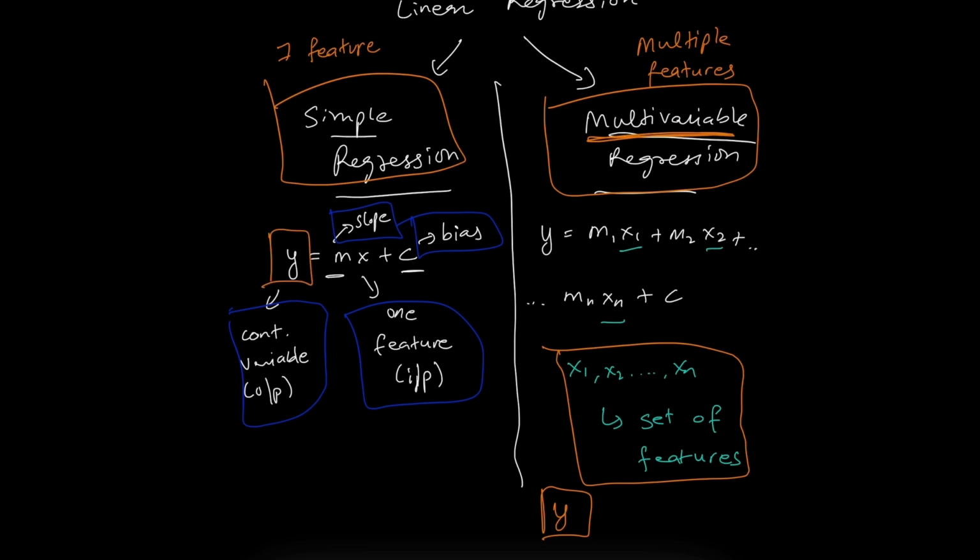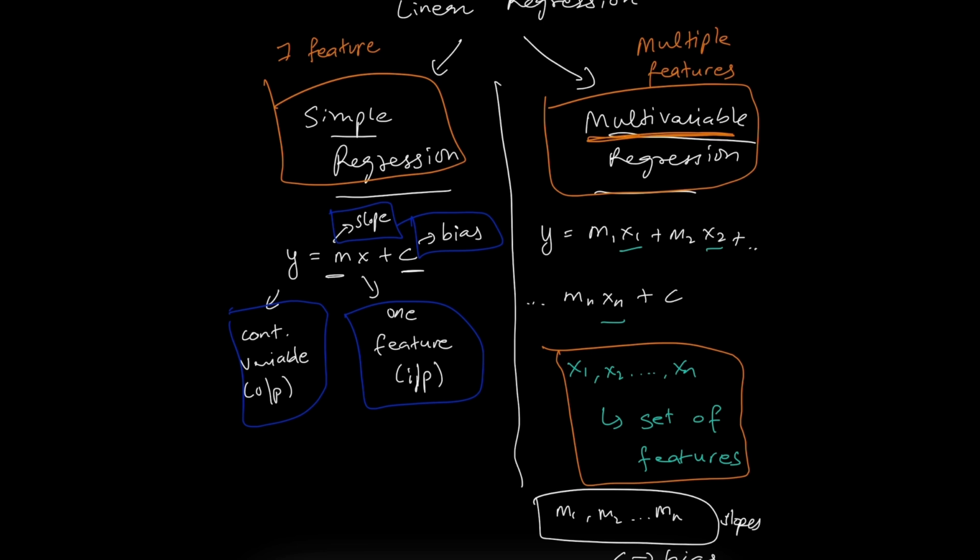And the difference is in calculating our slopes. So we will have m1, m2, mn. These are our slopes, and then our c is the same as bias.